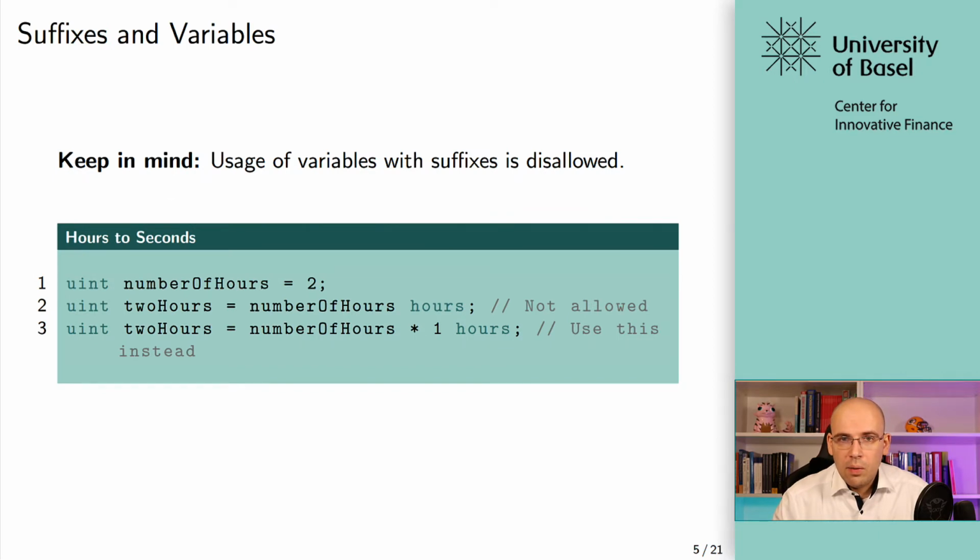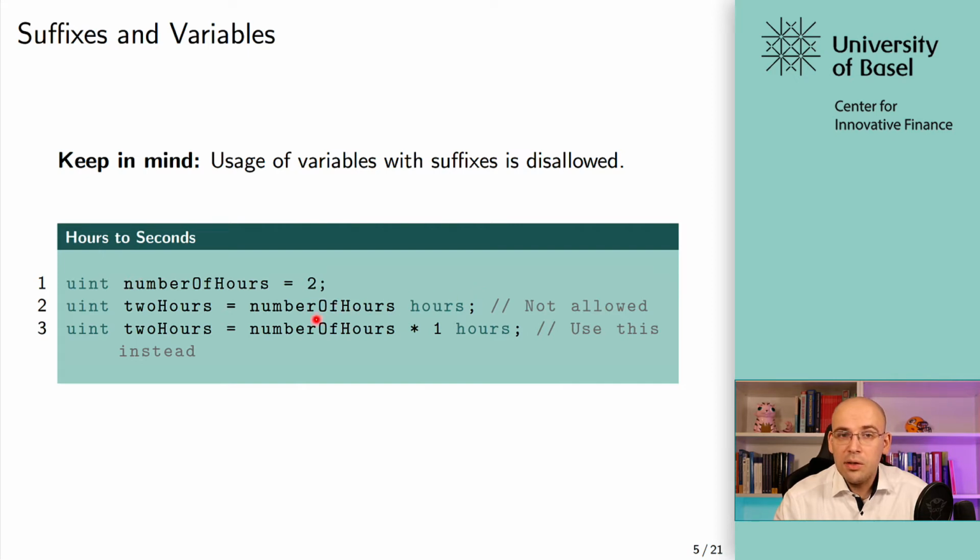So what's important to understand is one thing you should not do is the example right here on line 2. When you're saying you have a uint with the name 2 hours, and you're just defining it as number of hours as defined up here, hours, that is not allowed.